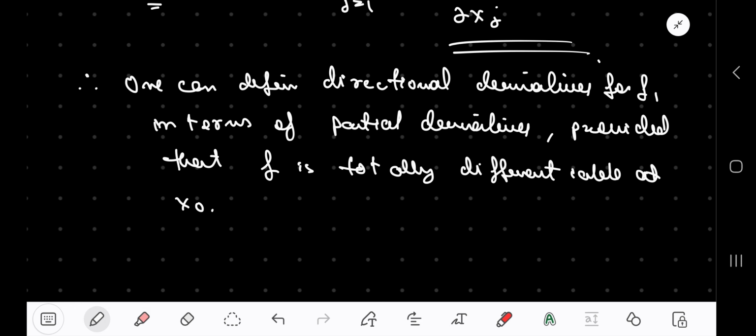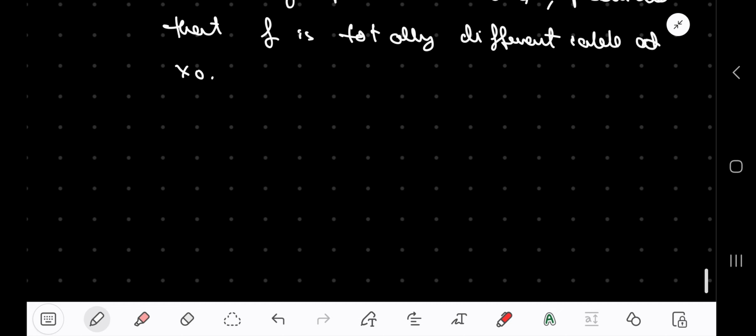Yeah, and the converse need not hold here as well: if a function is partially differentiable at some point x0, then it need not be totally differentiable at that point x0. That's quite intuitive at this point. You can choose the same function as we did previously, x cubed by x squared plus y squared whenever (x, y) is not (0, 0) and exactly 0 when (x, y) corresponds to the origin.